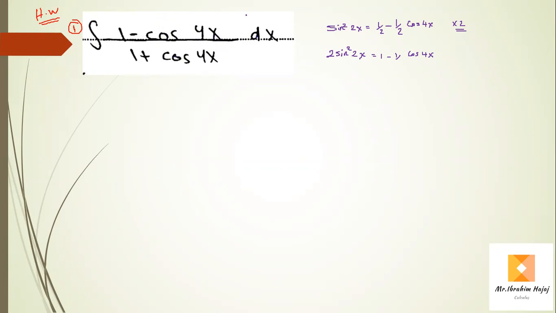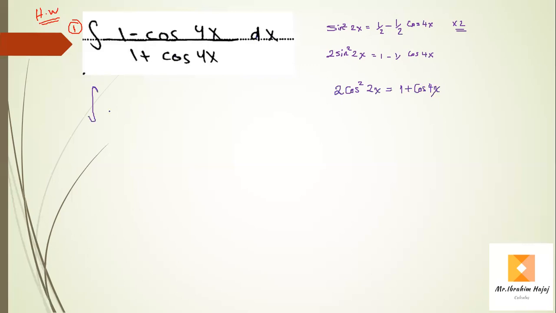Yes, I'm hearing you. Yes, we have 2 cosine squared 2x, which is equal to 1 plus cosine 4x. Then replace it.